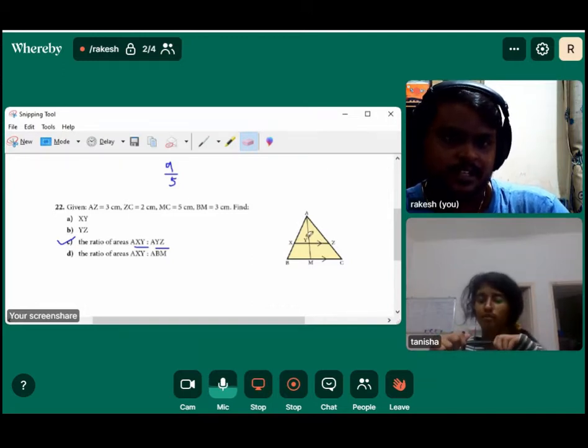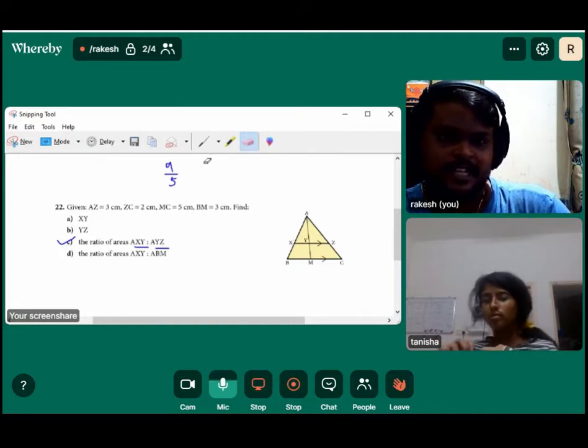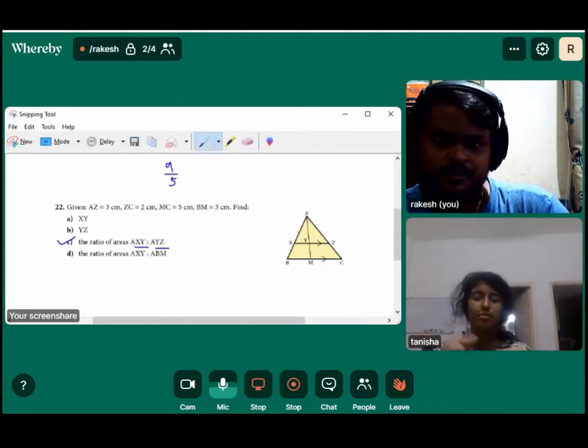Nothing is given. Though this triangle is similar to the bigger one, and this one is similar to the bigger one, they are not similar to each other basically. So there is a different type of this question.